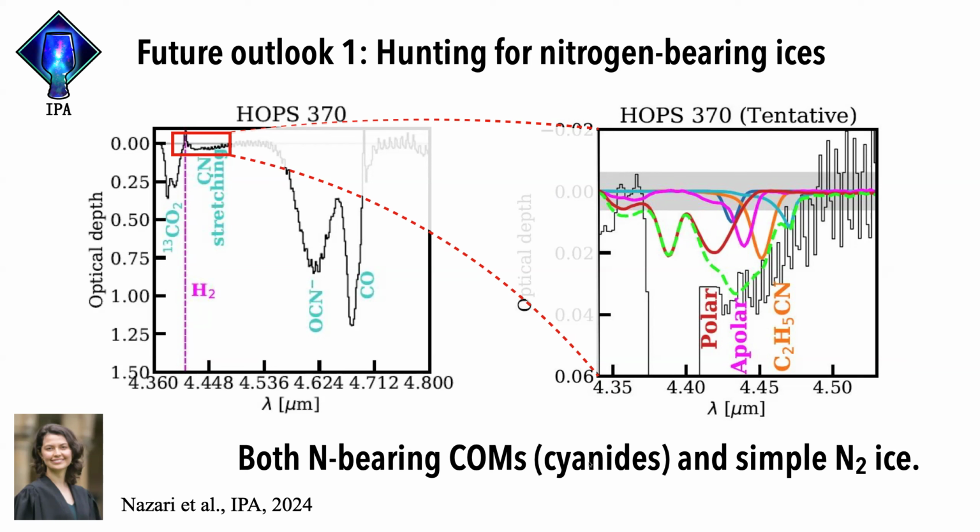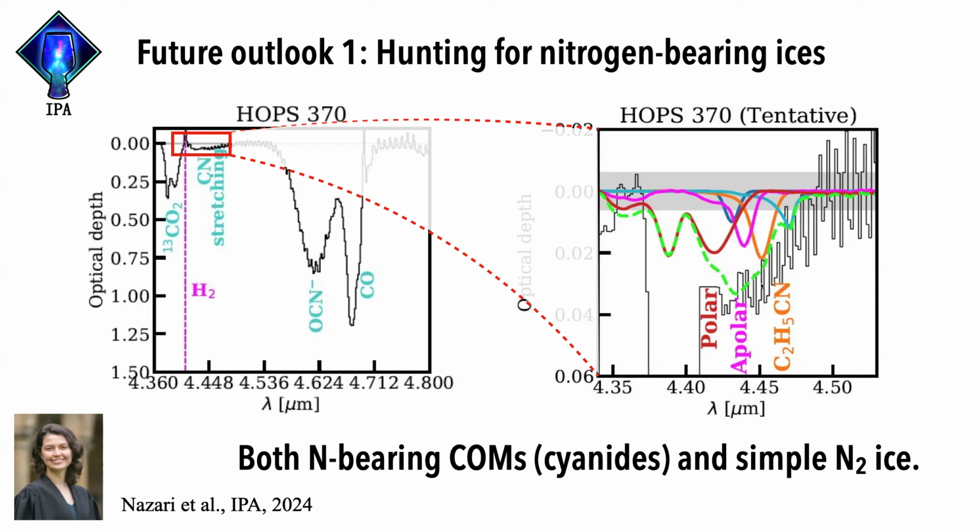So cyanides, for example. Puna Nazari at ESO has taken a look at this, and she's part of the IPA team and also the JWST team, and they're now able to fit some of these weaker features potentially with some cyanides. There's actually a better slide that I should have included here instead, but there's some new work going on with this as well.